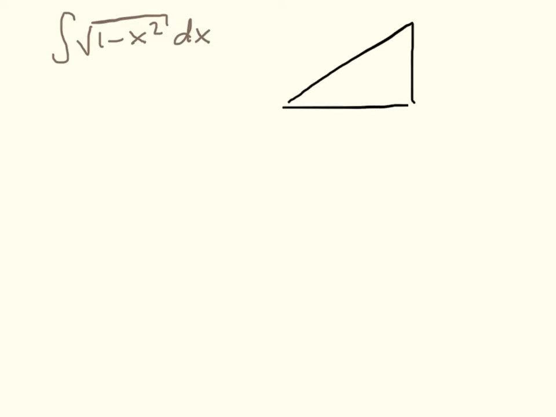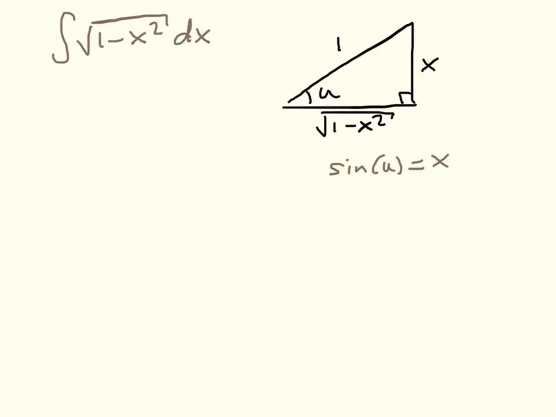So here is a triangle, right angle triangle. Our new variable is going to be u, and we are going to say that the sine of u is equal to x. So here we're going to have x as one side of the triangle, 1 as the hypotenuse, and the square root of 1 minus x squared here.